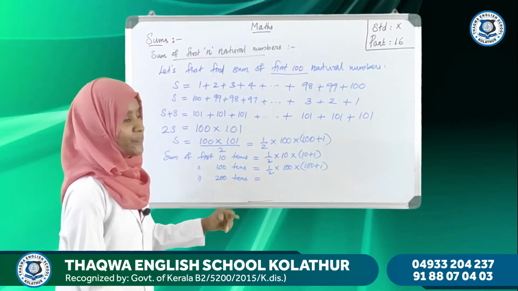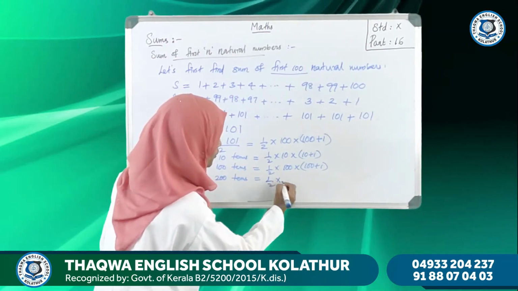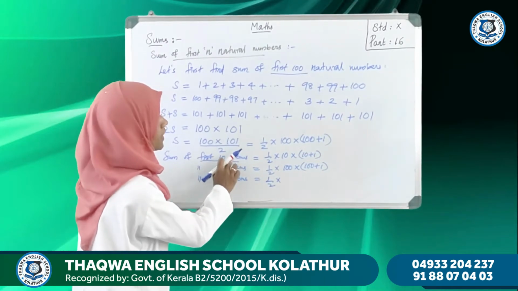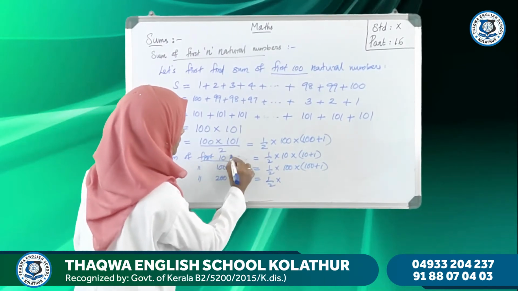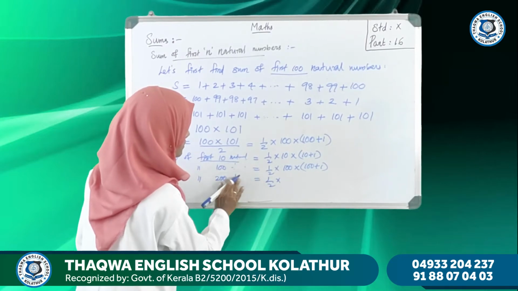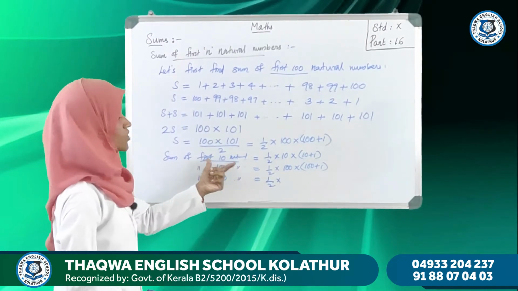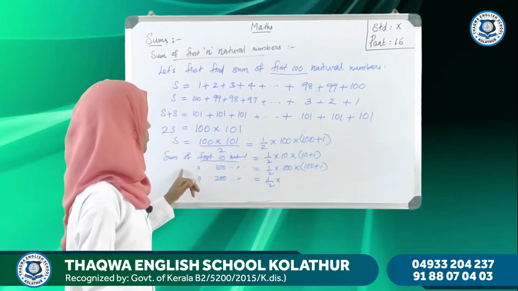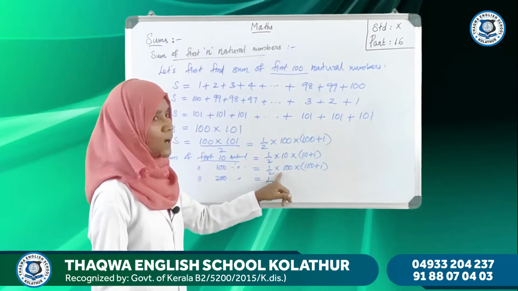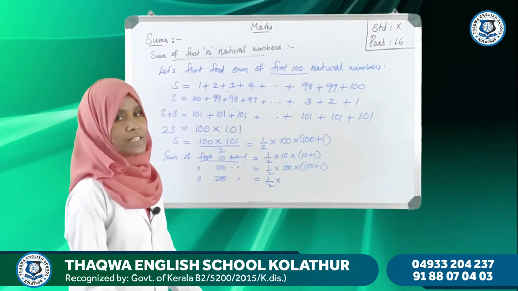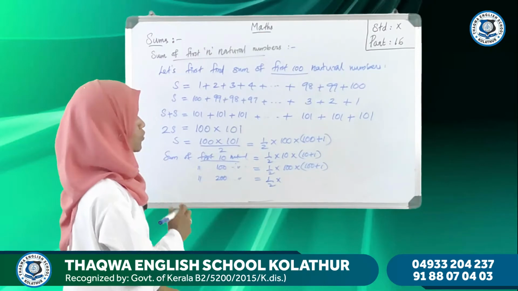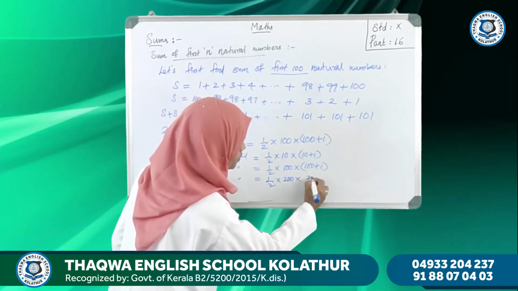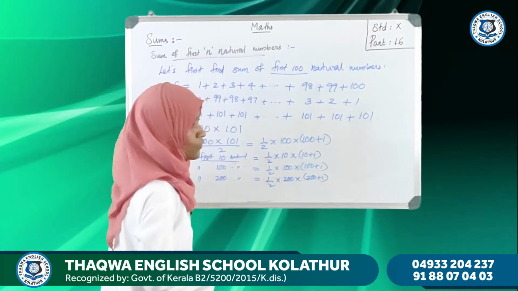The sum of the first 10 natural numbers is half into 10 into 10 plus 1. The sum of the first 100 natural numbers is half into 100 into 100 plus 1. Then the sum of the first 200 natural numbers is half into 200 into 200 plus 1.